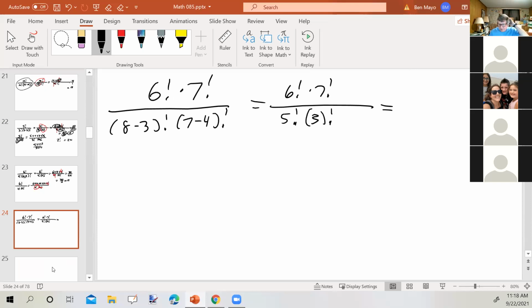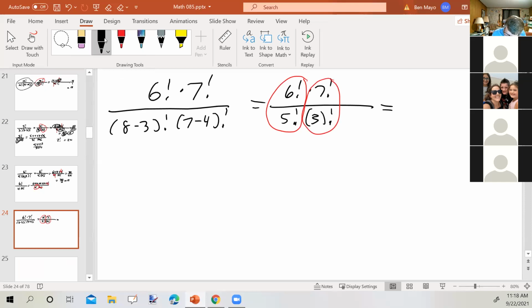Okay, so what I'm going to do now, I'm going to use one of the ones on top to knock out one of the ones on the bottom, and the other one on top to knock out the other one on the bottom. So watch closely. I'm going to put these together, and then I'm going to put those together, so to speak.